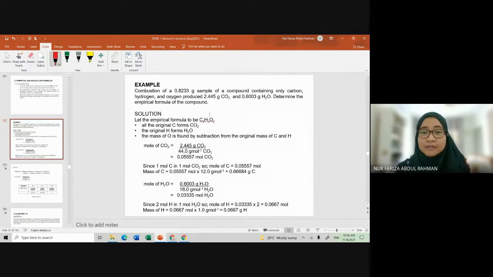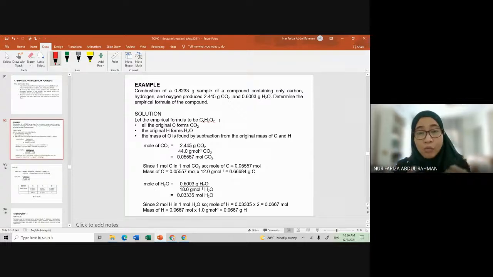What the most important thing if we are using dimensional analysis is the conversion factor. The conversion factor is the relationship that we have beforehand, before we can proceed with the calculation. So what are the relationships that we have so far? So far we have learned 1 mole is equal to Avogadro's, 1 mole is equal to molar mass.